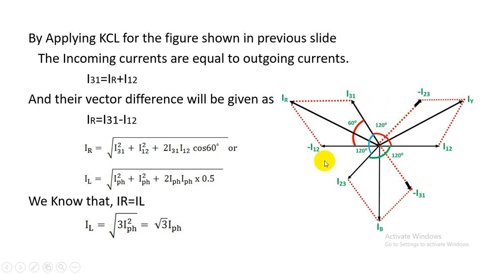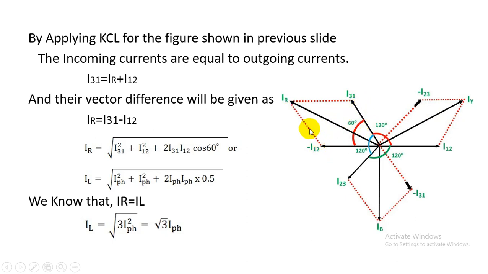Here also we are taking the parallelogram theorem and applying the cosine rule to find IR first. The vector sum of I12 and minus I31 will become IR, and here we have to notice one point: the dotted lines we draw must be parallel to the already existing vectors.